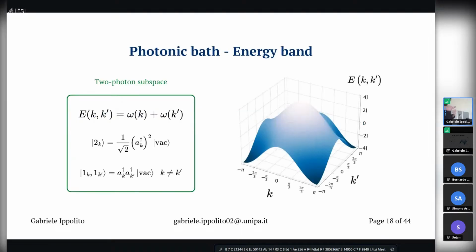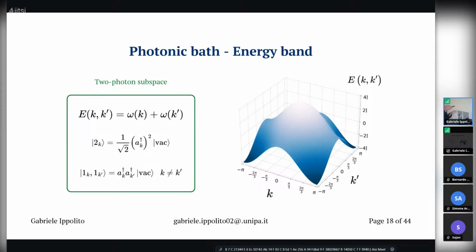We start analyzing the photonic bath, and this is a one-dimensional homogeneous coupled cavity array. So the photon dispersion relation is the one that I was telling you a few slides ago, that goes like the cosine of the momentum. And in this case, where the photons do not interact with each other, the energy of the two-photon pair is pretty simple.